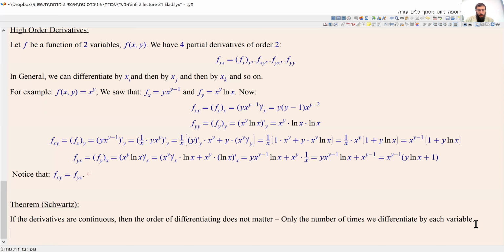Considering our elementary functions, all of their derivatives are continuous.